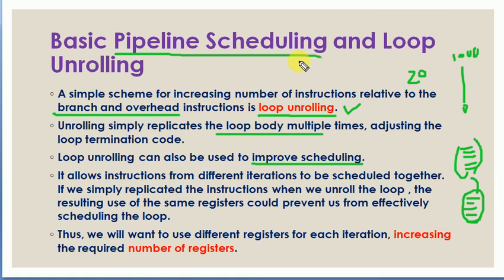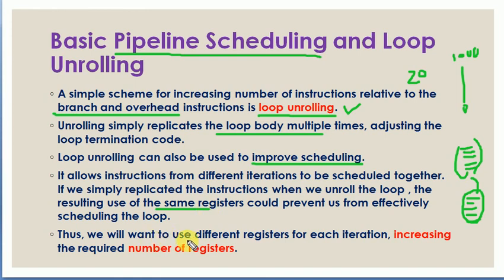It allows instructions from different iterations to be scheduled together. When we simply replicate the instructions when we unroll the loop, the resulting use of the same registers could prevent us from effectively scheduling the loop. We will see examples, then only you will understand this.